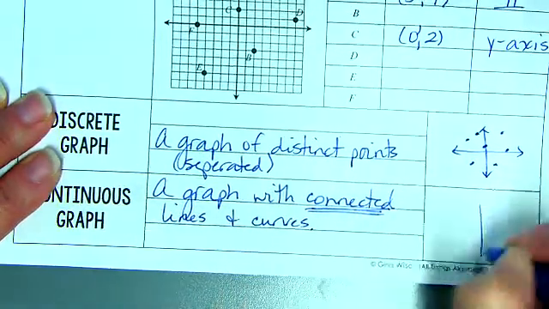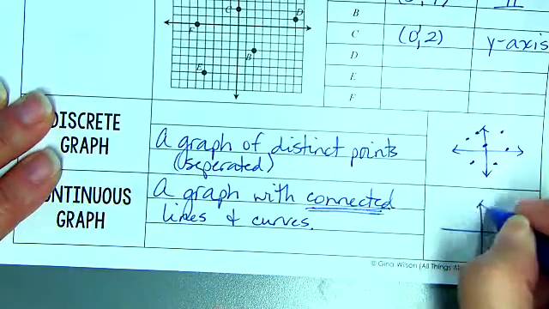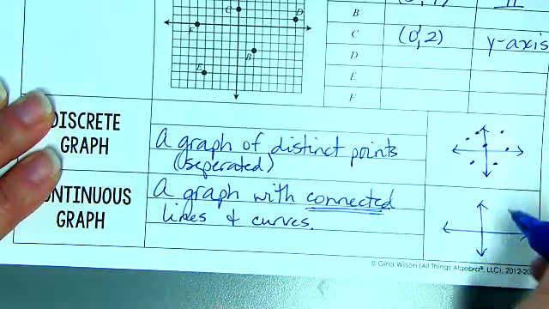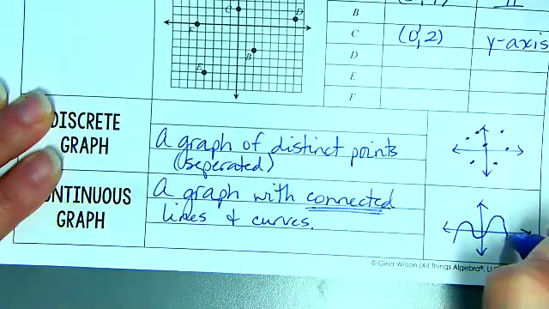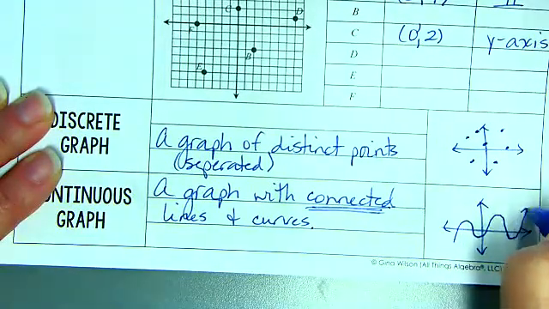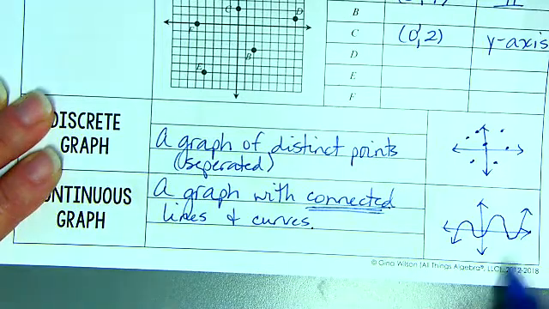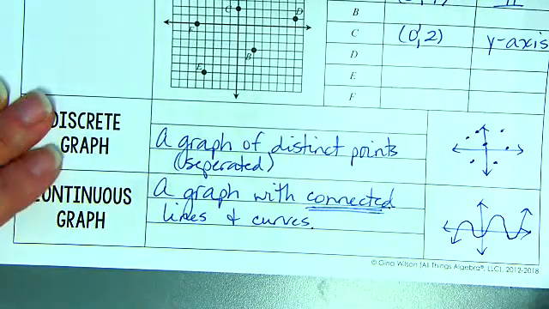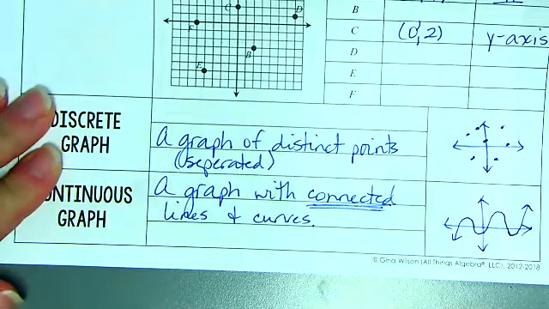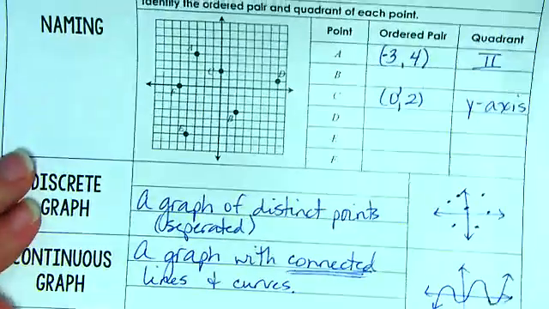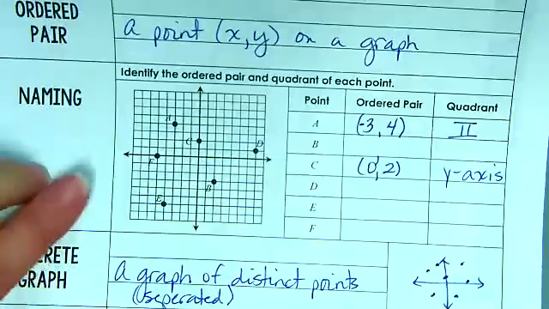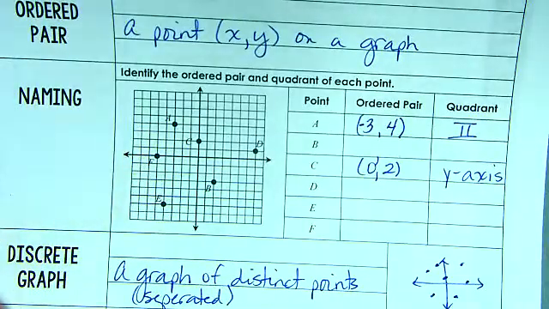So for instance, that graph might look like this, where it keeps going. Everything is connected. So your assignment is to make sure that this notes section is finished, which is mainly this graph right here for this video.